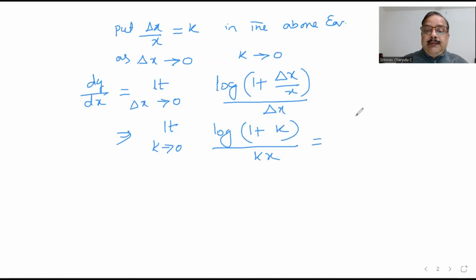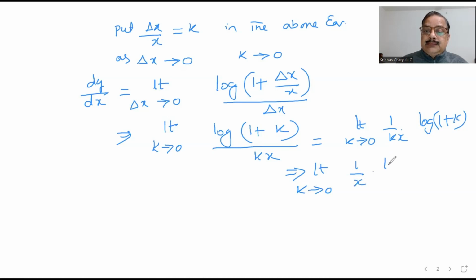This you write again: limit k tends to 0, 1 by kx, log 1 plus k. I brought this kx before the log. Further I will write limit k tends to 0, 1 by x I will retain here, and because the limit is applicable to k, 1 by k I will put as the power.